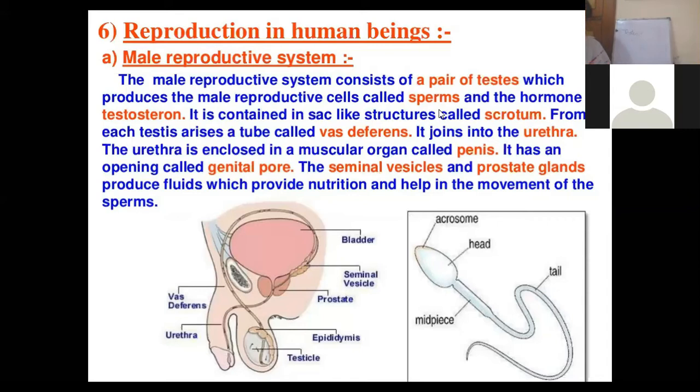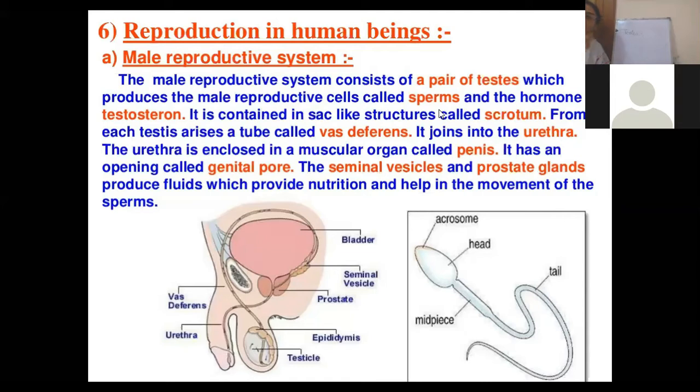The function of the testis is to produce the sperm, that is the male reproductive cells, and to produce the hormone that's called testosterone. As I've told you, testosterone is responsible for the secondary sexual changes among the boys.